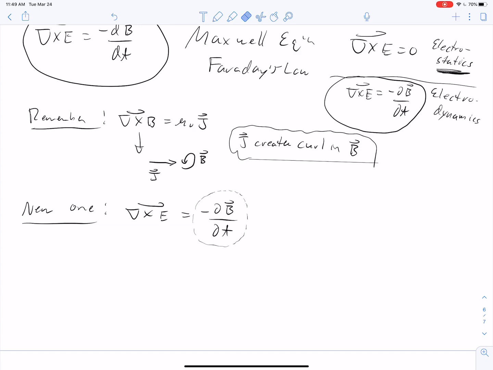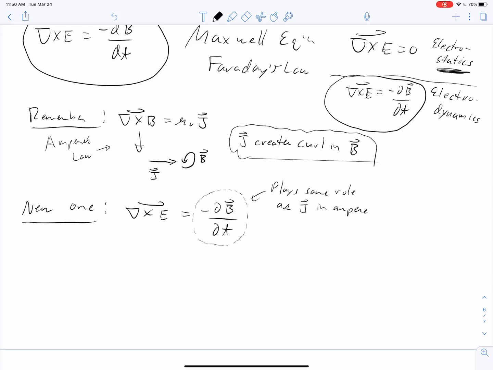This plays the same role as J in Ampere's law, because remember, this is Ampere's law. And we see that the negative dB dt is playing the same role as J in Ampere's law.